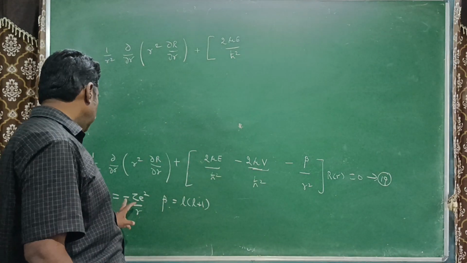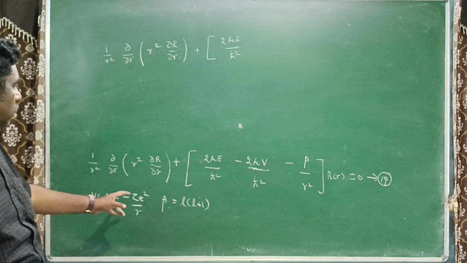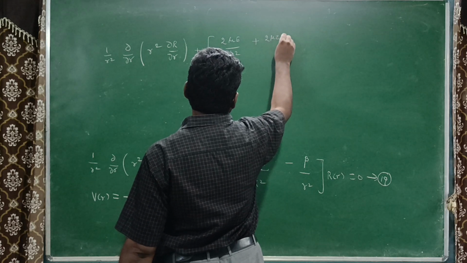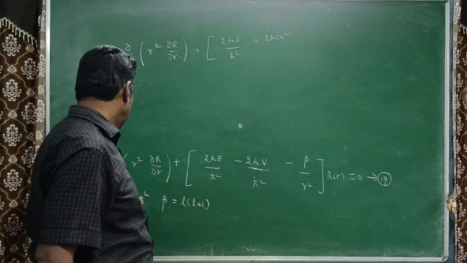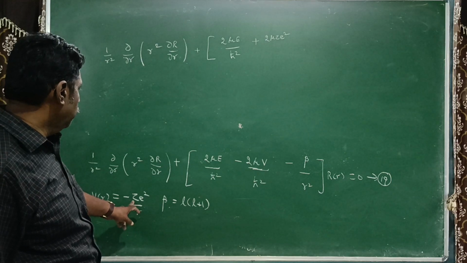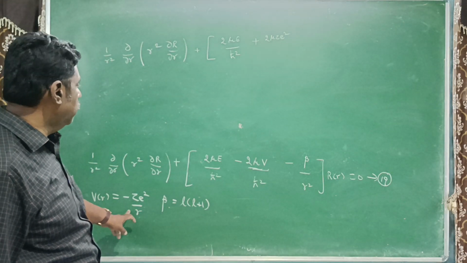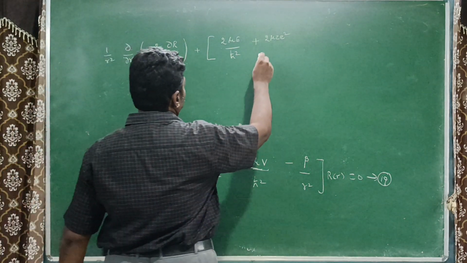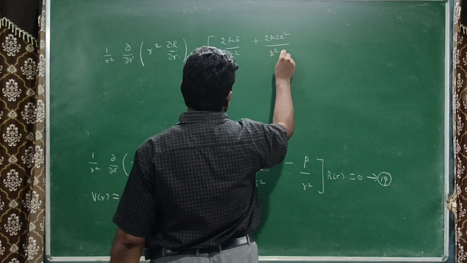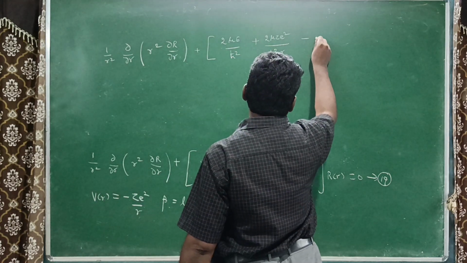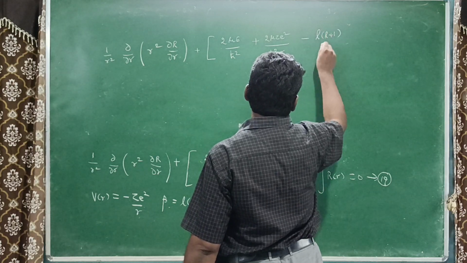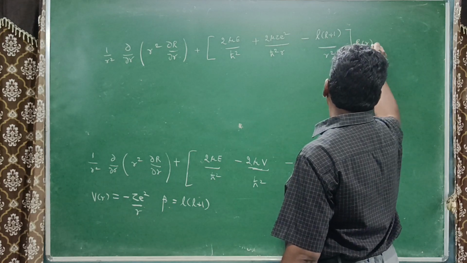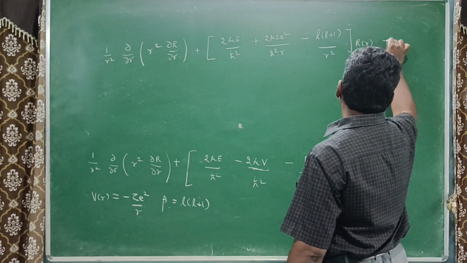V of r is minus Z e square by r, so minus into minus gives plus 2 mu Z e square divided by h cross square r, then minus l into l plus 1 by r square, entire multiplied by R of r equal to 0.